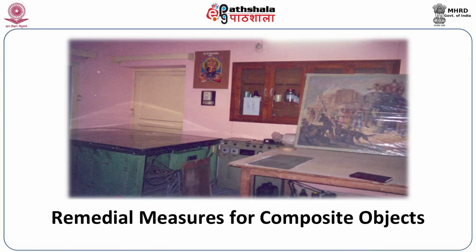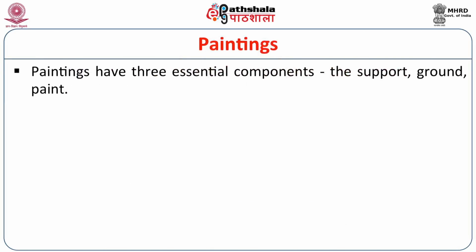Here we see a snapshot of the remedial measures which have already been taken for a composite object. Painting is another important area where sometimes we have to take serious remedial measures, and in the case of paintings there are three essential components. Number one is support, number two is ground, and number three is paint.